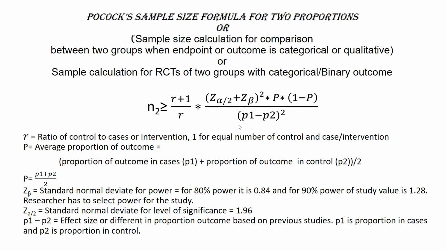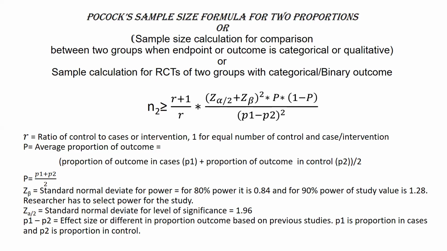So we have calculated P1 minus P2. In proportion or categorical qualitative binary outcome, P1 minus P2 is also called effect size.